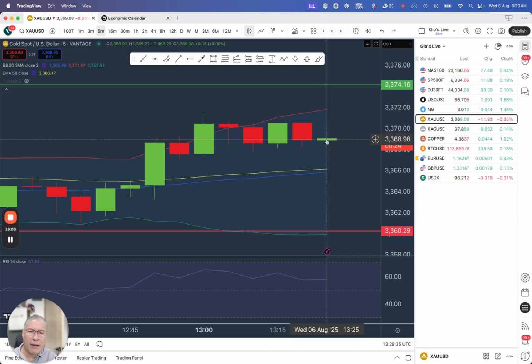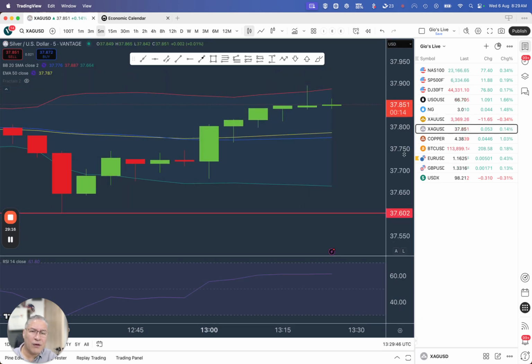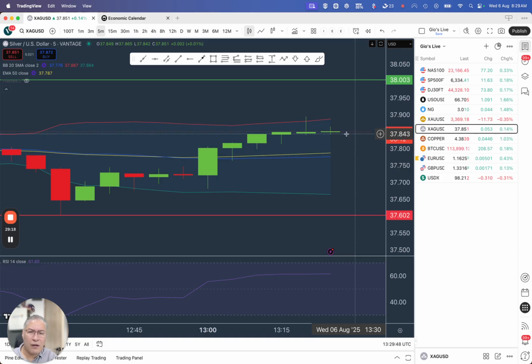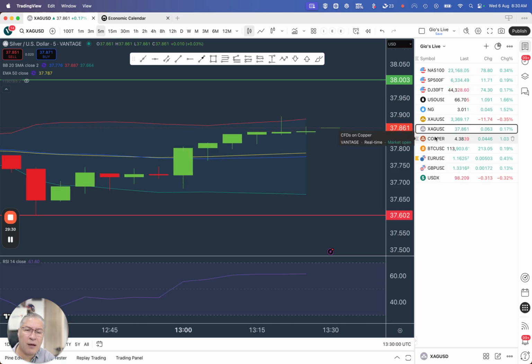If we do have a breakout, 33.72 initially, and then obviously our levels of resistance will be our targets. Silver is also just in a coffin of congestion, sideways trading, consolidation. Great setup for a breakout. So $38 initially would be our target.